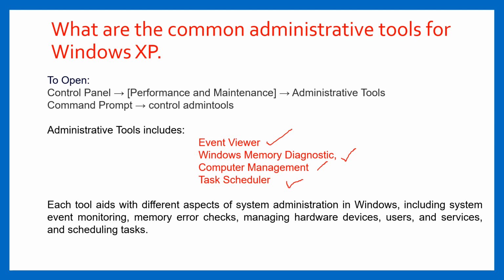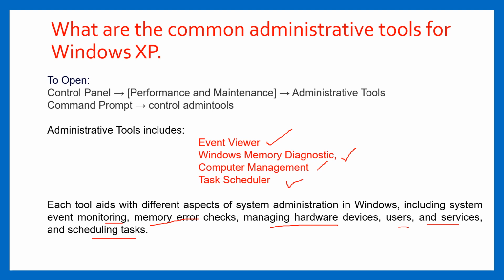So each and every tool has a different operation to perform so as to provide the proper functioning of your system. And some of the tasks that this includes are event monitoring, memory error checking, managing the hardware devices, users, and services, and also scheduling the tasks.